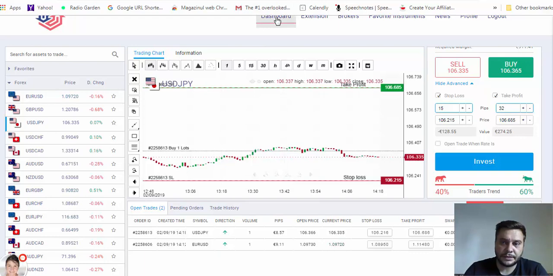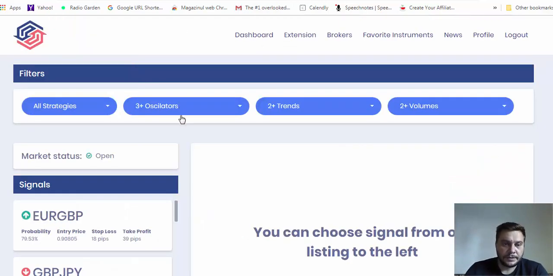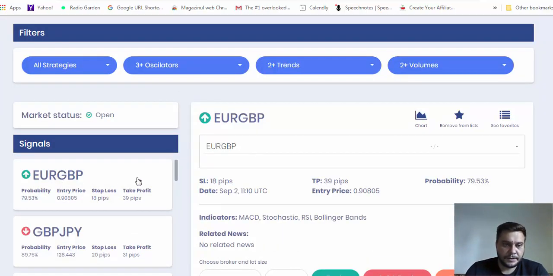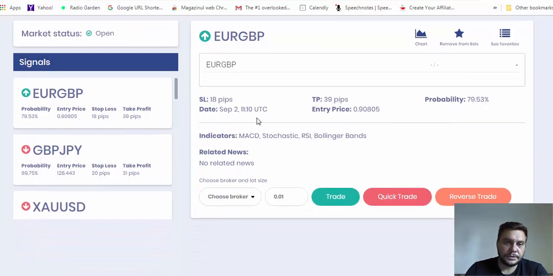Let's go back to the dashboard and choose another one. We have Euro GBP, which is 79% winning probability. The stop loss is set. Choose your broker, one lot, and trade.